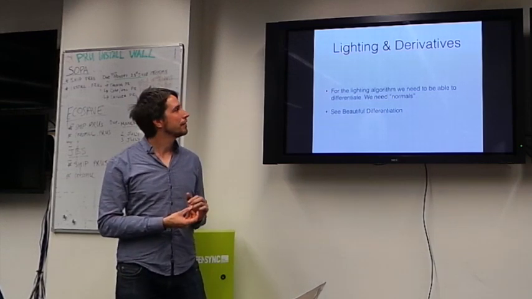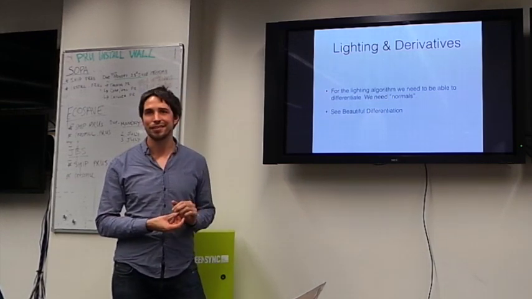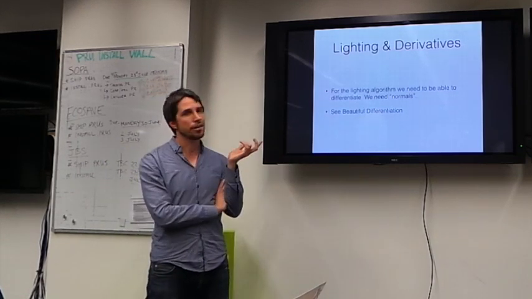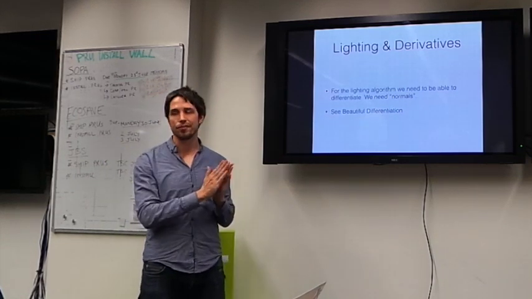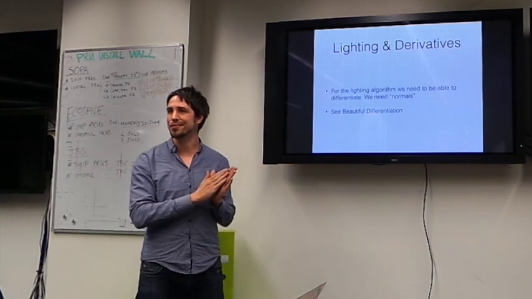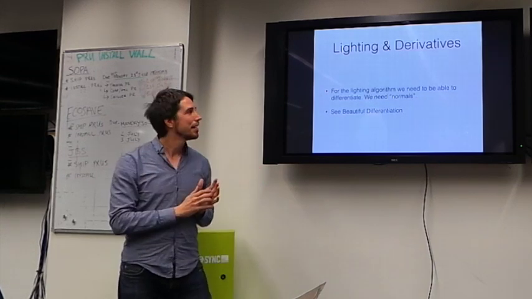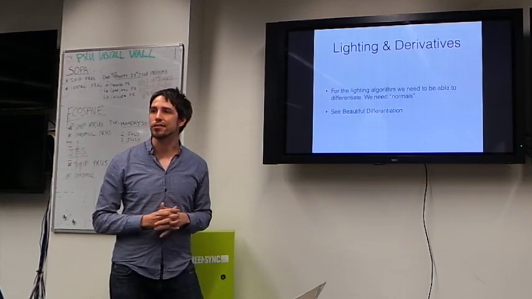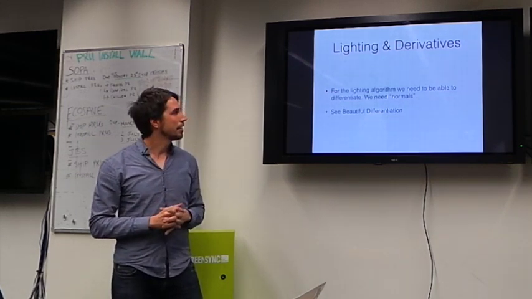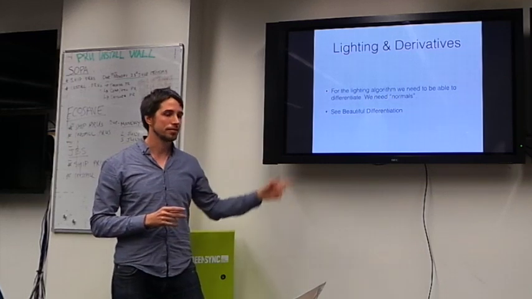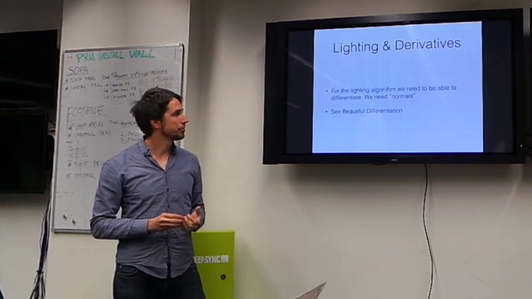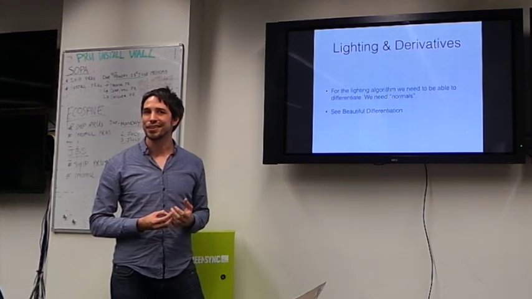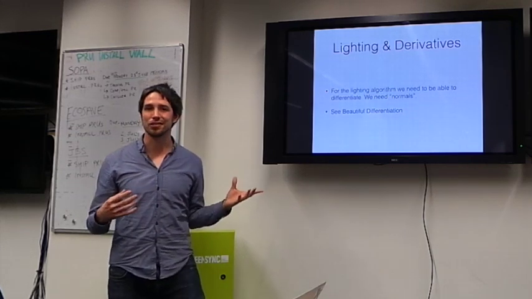And Connell has also written, aside from this work, a wonderful library called data.derivative, which produces an infinite tower of derivatives, and it's exact differentiation. It's symbolic differentiation rather than numeric. And you can see his paper, Beautiful Differentiation.